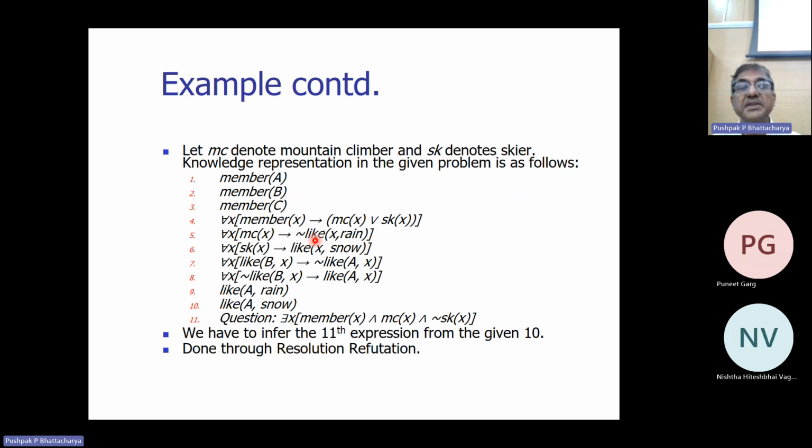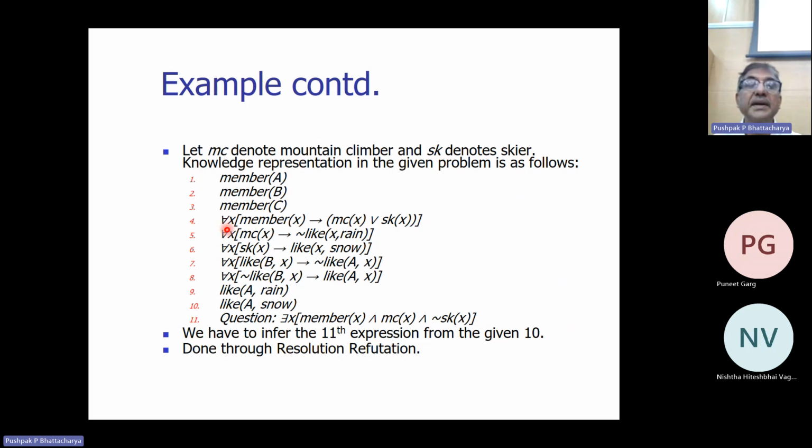The next piece of knowledge that we have is that every member of the club is either a mountain climber or a skier or both. This is represented by the following structure. This inverted A is called for all.